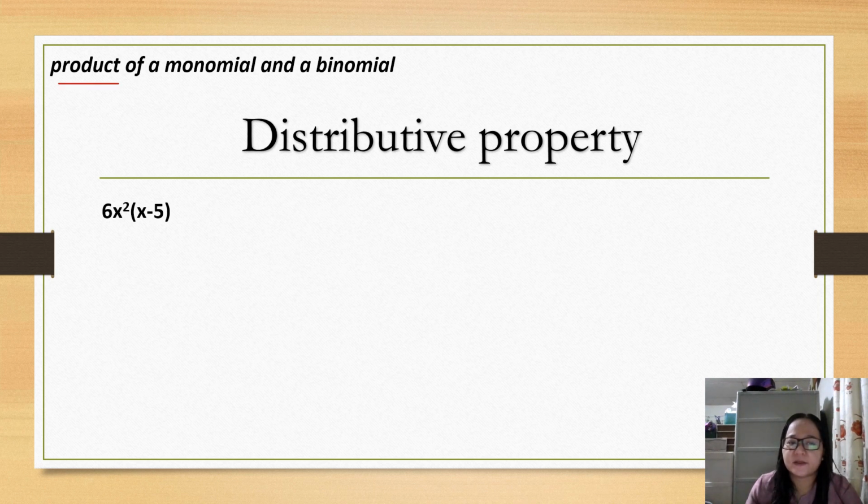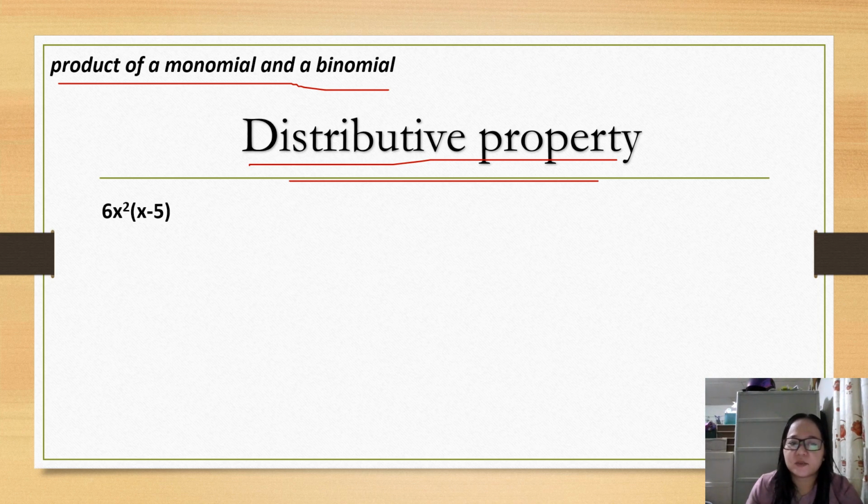In order to find the product of a monomial and a binomial, we apply what we call the distributive property. Say for example, we have 6x squared times quantity x minus 5. So distributive property, we distribute, multiply 6x squared first by x.